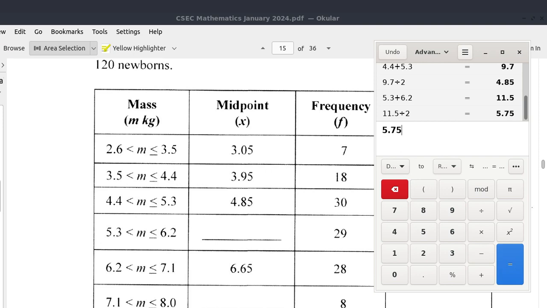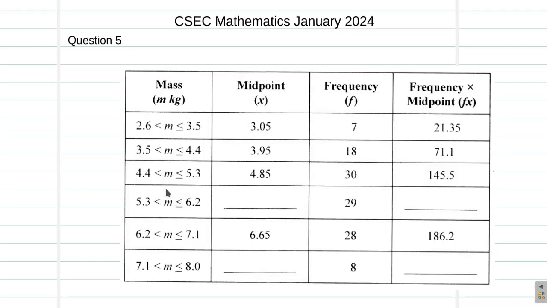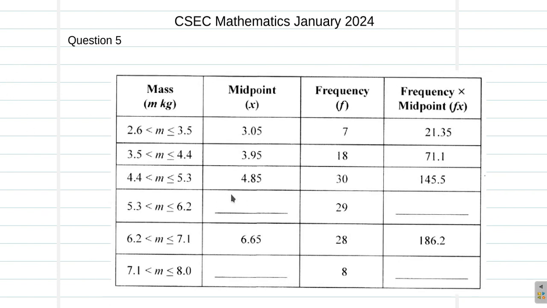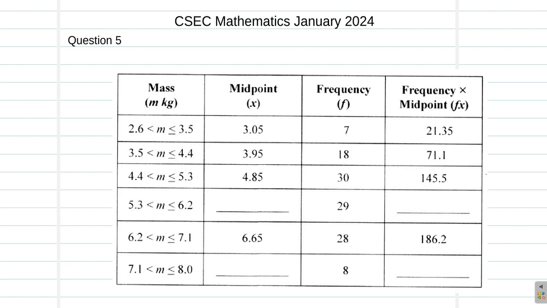So beside the 6.2, you're going to have 5.75 right there.